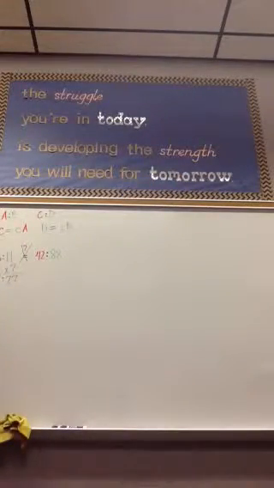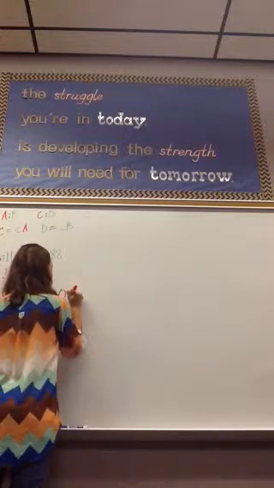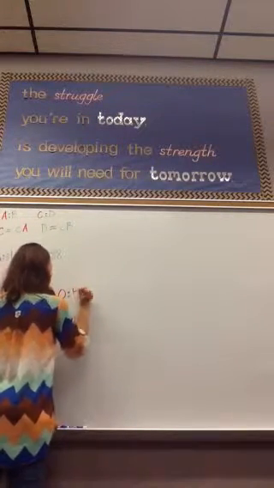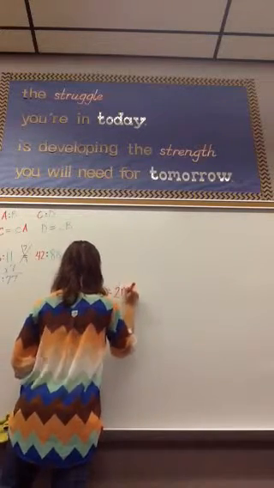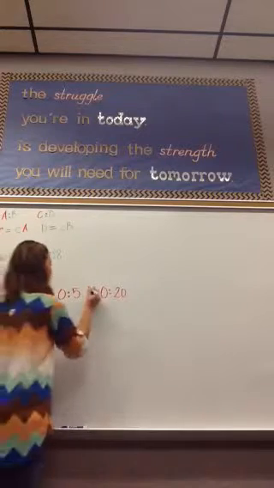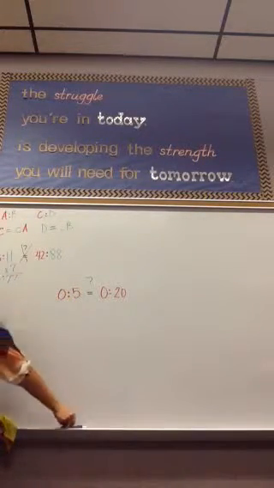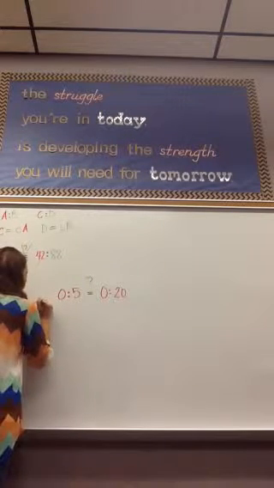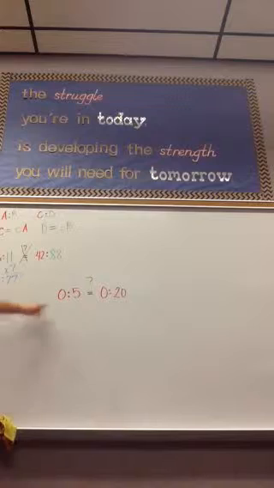Now for part B, you should have completed that by now. So we have the ratio 0 to 5, and we need to know, is that equivalent to 0 to 20? The question is, are these equivalent? Now we need to identify what our positive value c is. What number can we multiply these by to get this ratio?